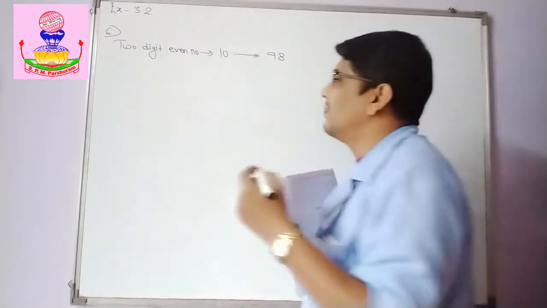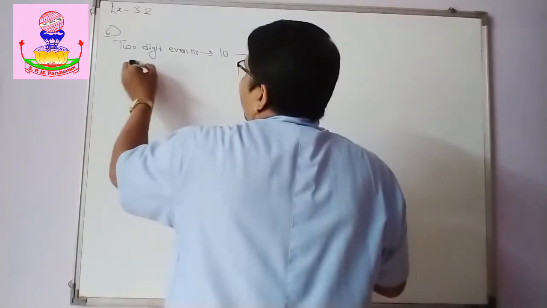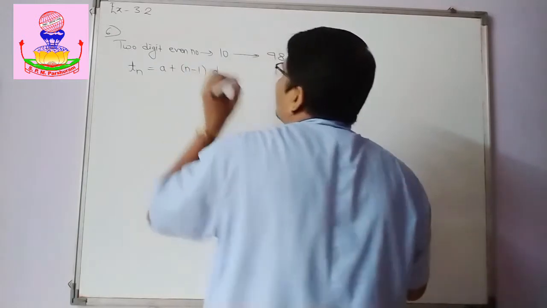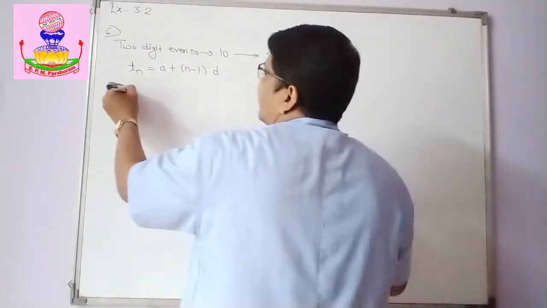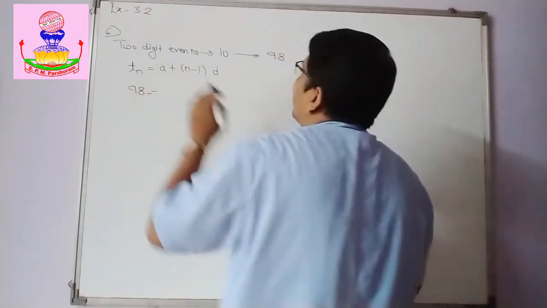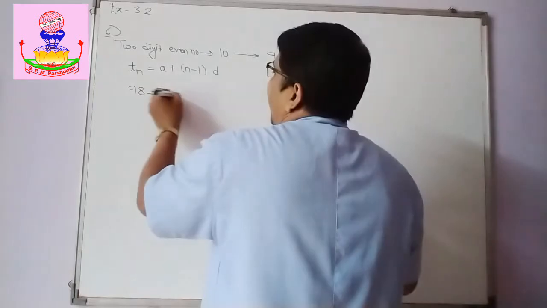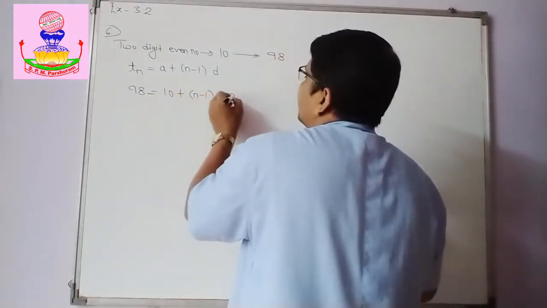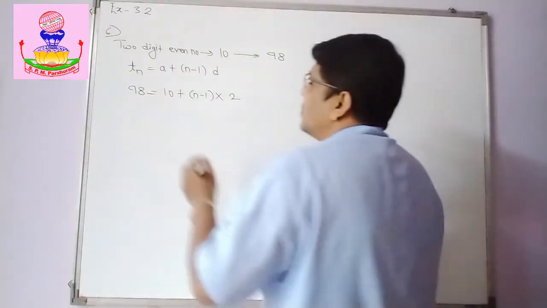So, how to find? I have given you nth term. Tn is equal to a plus n minus 1 into d. Here Tn, last term, what it is? 98. A, what is the first term? 10. Right? And I don't know n. What is the common difference? Common difference is of 2. D means difference. Right?